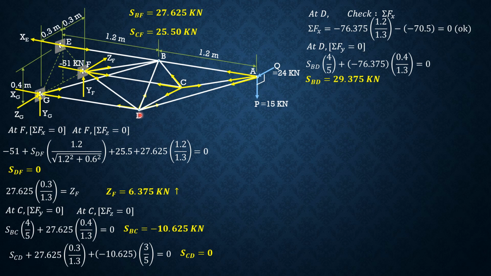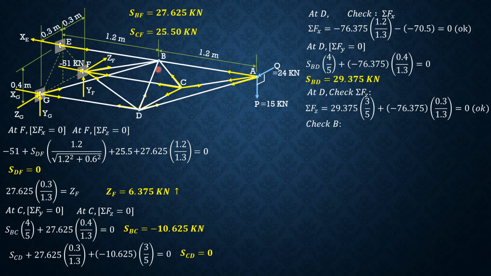Then let's check if it balances along Z. So summation forces along Z, going in the opposite or backward direction, positive. So summation forces Z equals 0: 29.375 times 3 over 5 plus negative 76.375 times 0.3 over 1.3, and the result is 0. So it is in equilibrium along Z also, joint D.